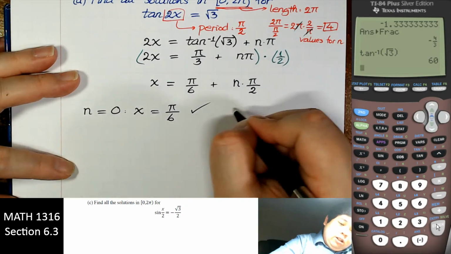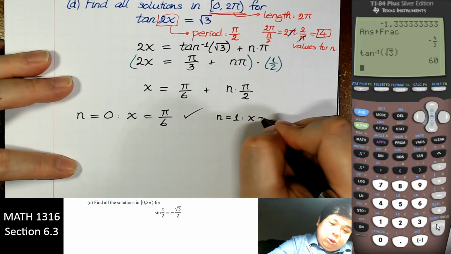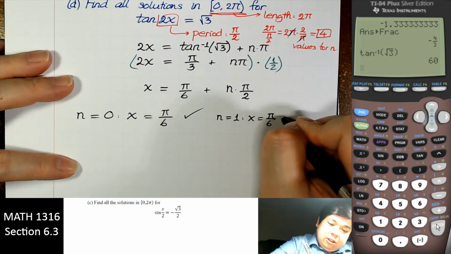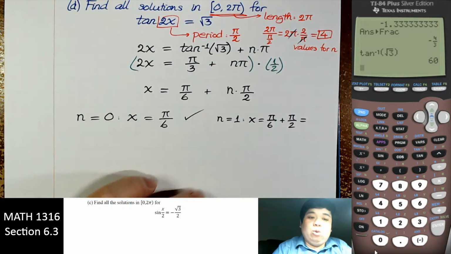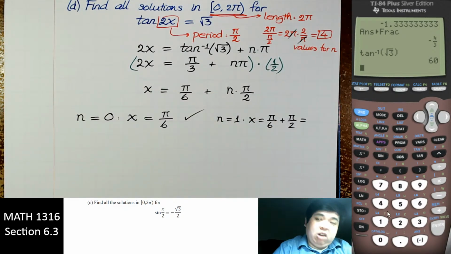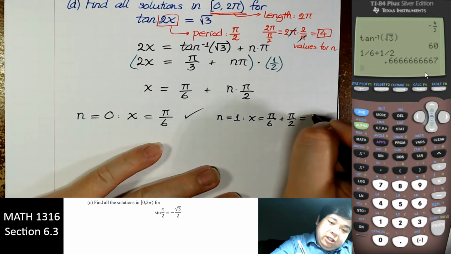N equal to 1. We have x equal to pi over 6 plus pi over 2. When n equals 1, that's just pi over 2. 1/6 plus 1/2. And that is between 0 and 2 pi, which is 2 pi over 3.